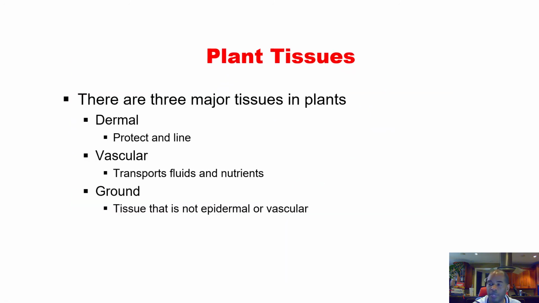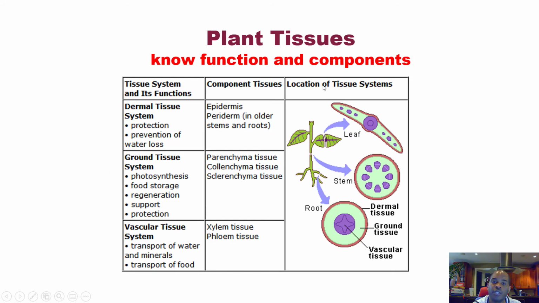So once again, you'll read through the PowerPoint to get a good understanding of what they are. You should know the function of the three tissues. The dermal being the outside is equivalent to the epidermal of the animals. The vascular conducts liquid, so water up and sucrose or sap down. So it's equivalent to our blood vessels.